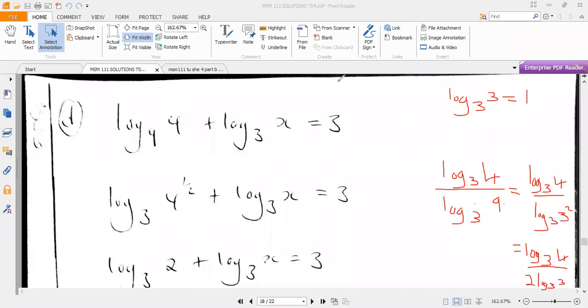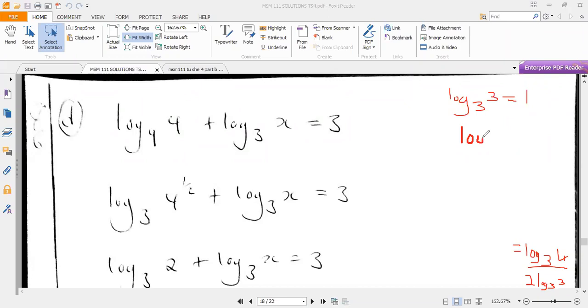So here you have something like log base 3 of 4, right?